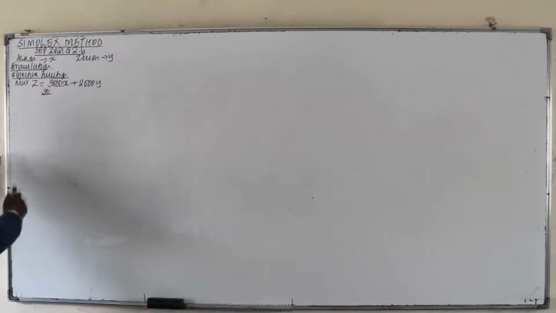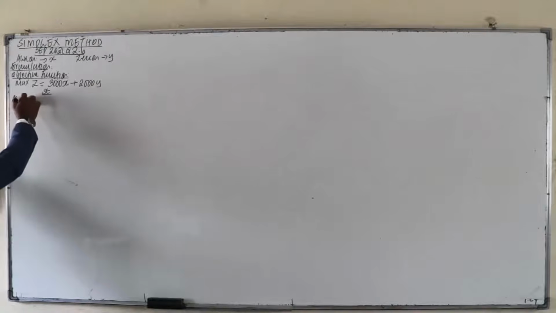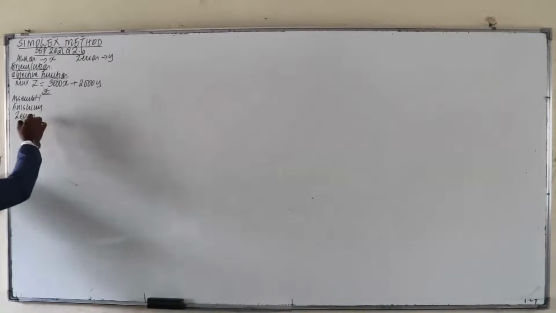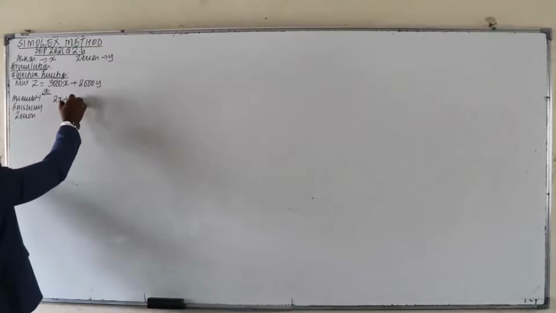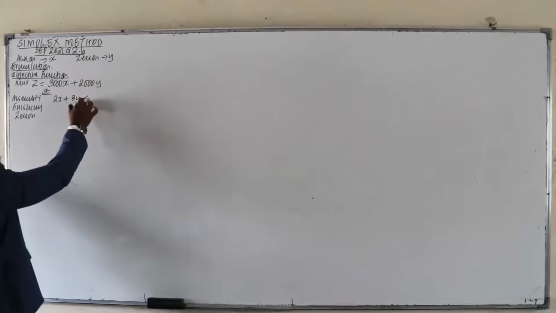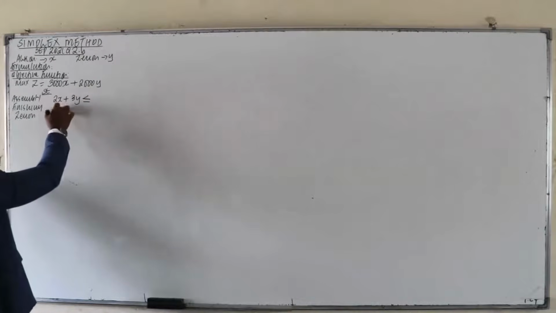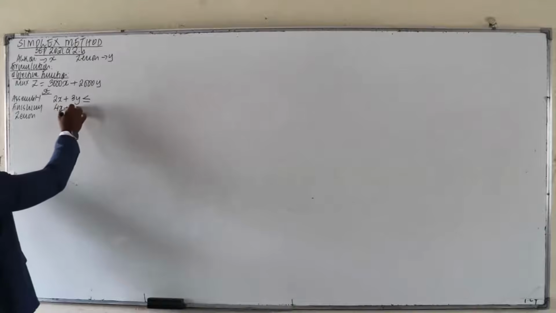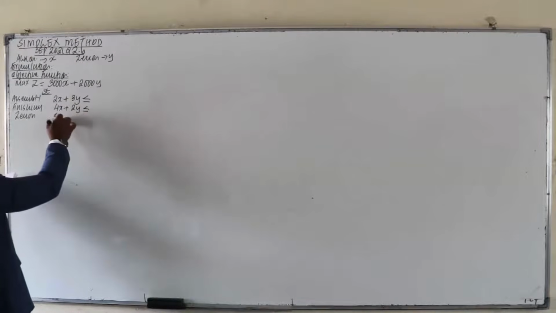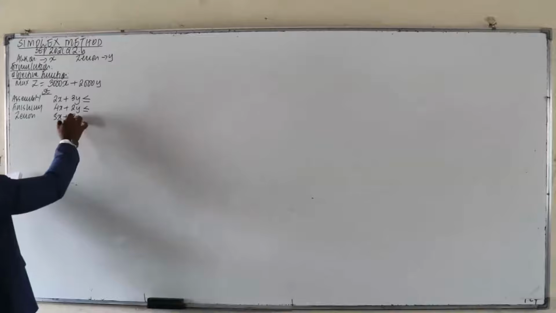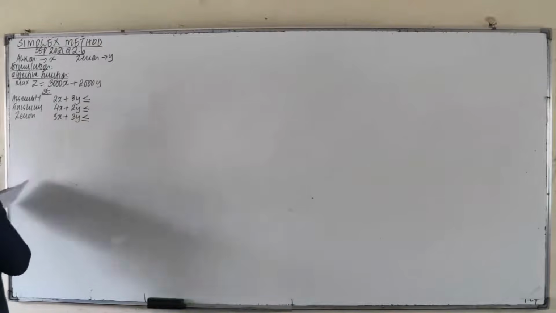We start with assembly department, then finishing, and then packaging. 2X plus 3Y less or equal to, 4X plus 2Y less or equal to, 5X plus 3Y less or equal to.